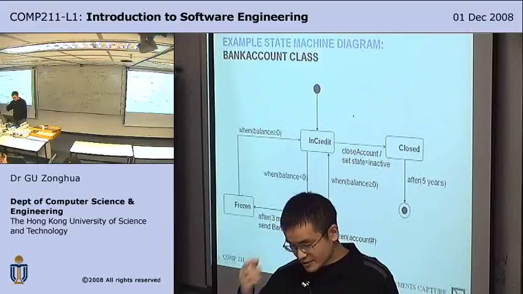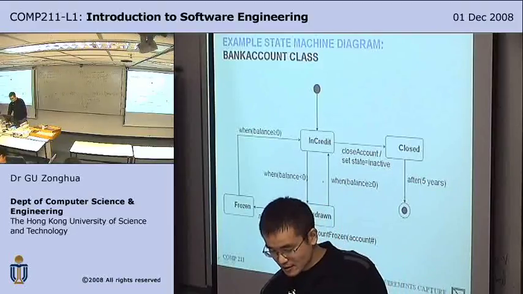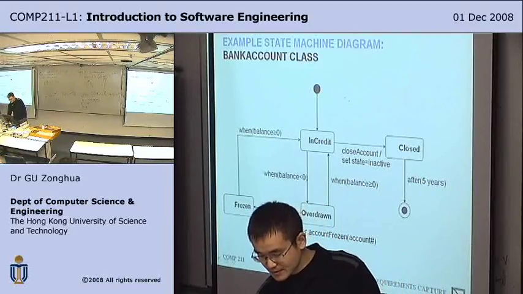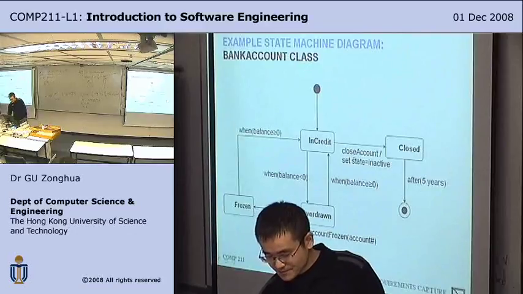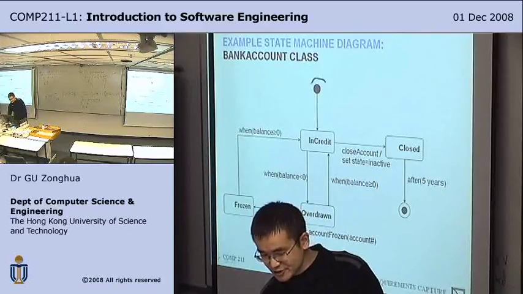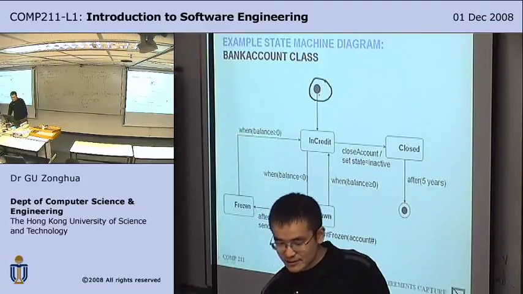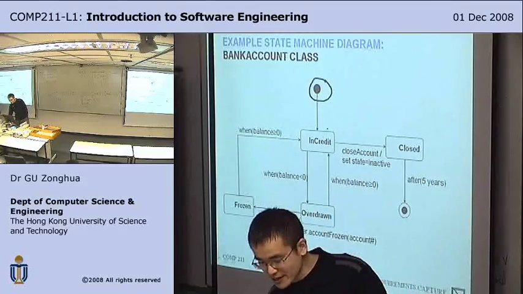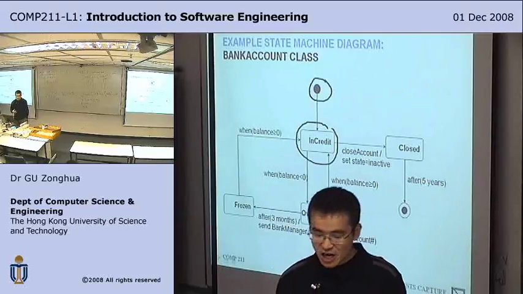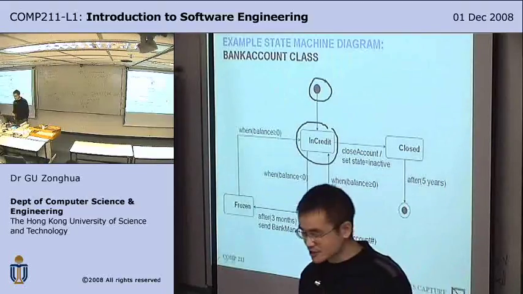So here's the state machine example. Initial state and final state. This is the initial state, but it has a transition into the in-credit state without any guard or event triggers.